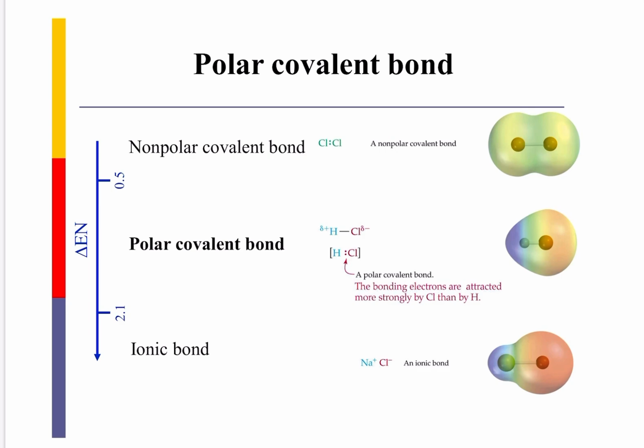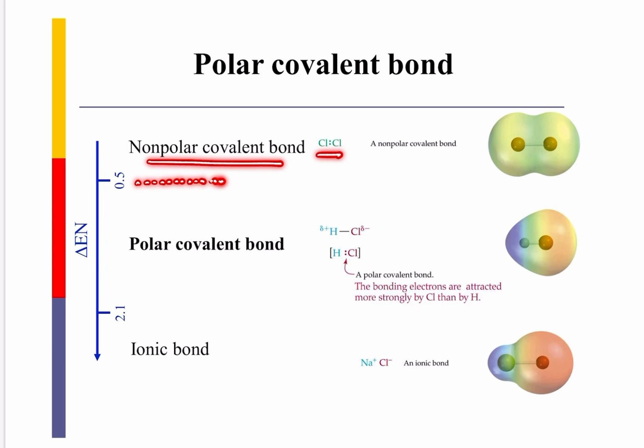Now we can classify the covalent bond by different electronegativity. If the difference of electronegativity of two atoms is less than 0.5, it is a non-polar covalent bond. Usually it is symmetric, for example Cl2 and H2, and they are non-polar.